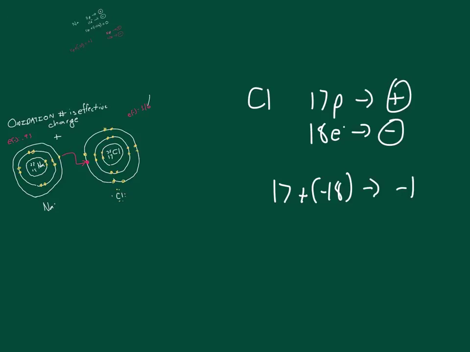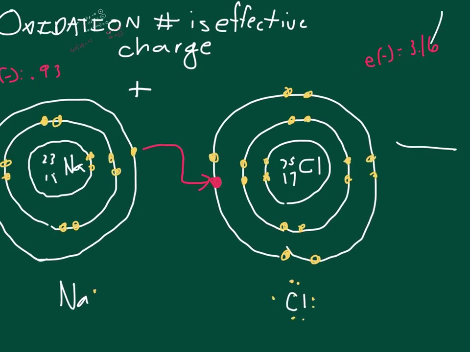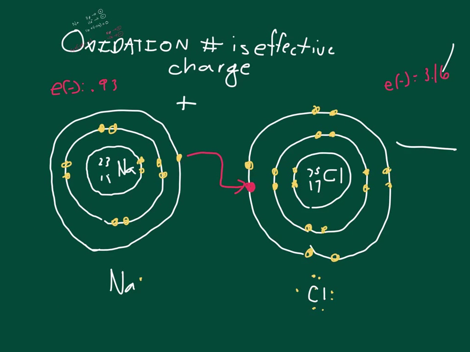And to find out that negative 1 charge, we just zoom in over here. Let's move that out of the way. Zoom in over here. And now chlorine has a negative 1 charge. So sodium with a positive charge and chlorine with a negative charge. And what's that term that we knew before? Opposites attract.